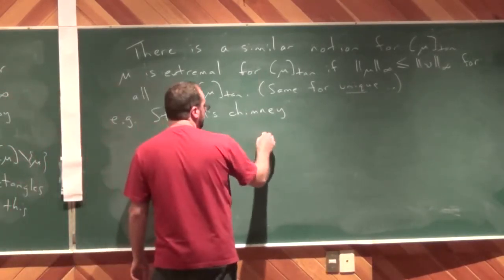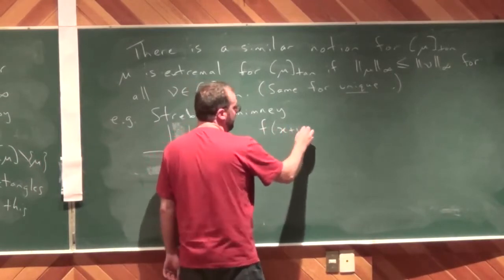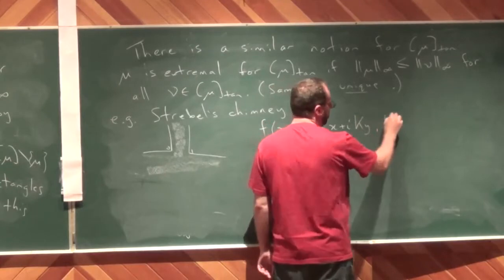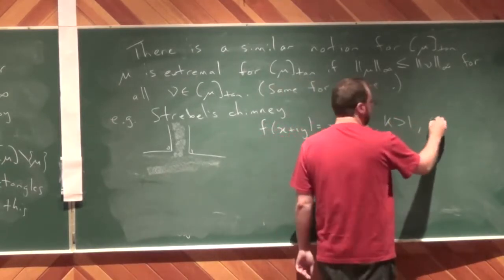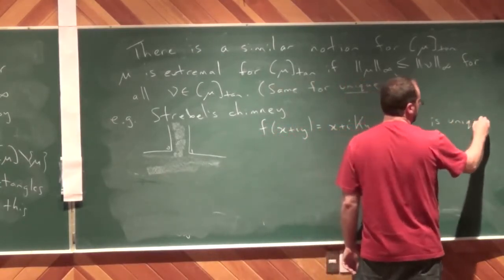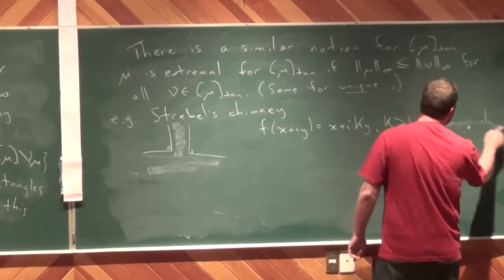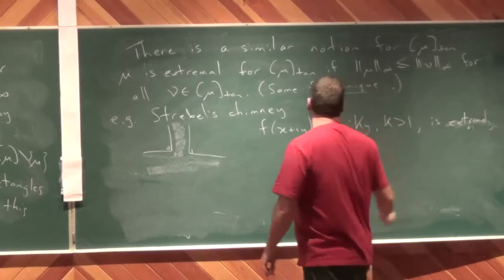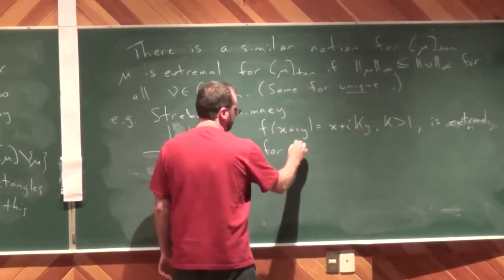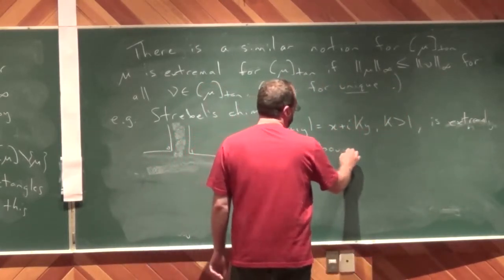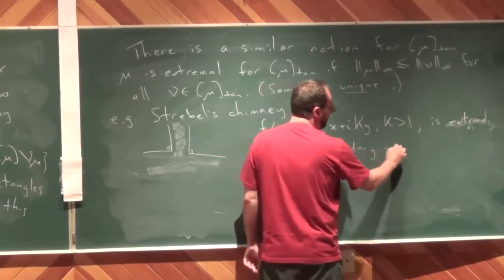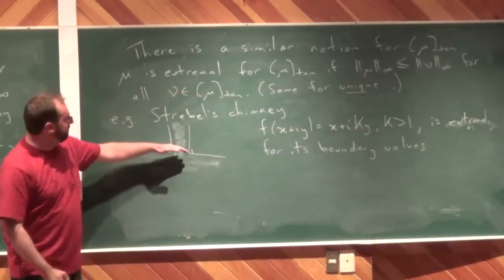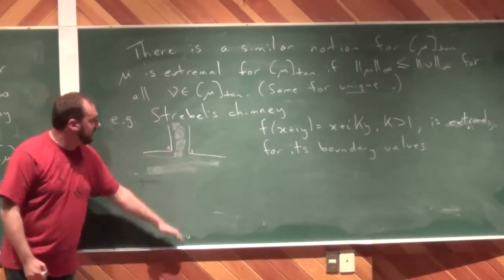And Strebel showed that f of x plus iy equals x plus iky for k bigger than 1 is extremal, but not uniquely extremal, for its boundary values. So this just means you're stretching up in that direction and you're stretching down in that direction.